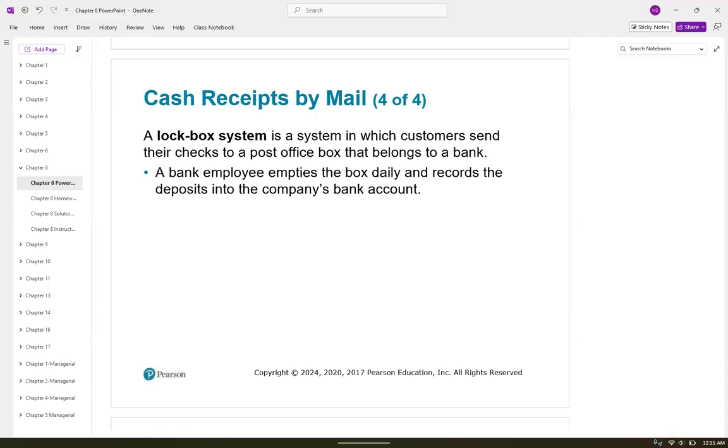It works out really good because it saves the middleman. You don't have to mail the check to somebody at the business, and then somebody at the business going through all of that we just went through. It just goes straight into the bank. So it's a very good internal control because it keeps that check going straight to the bank.